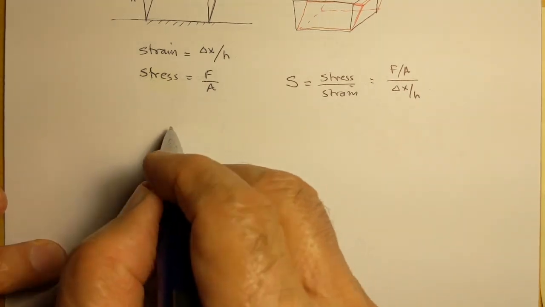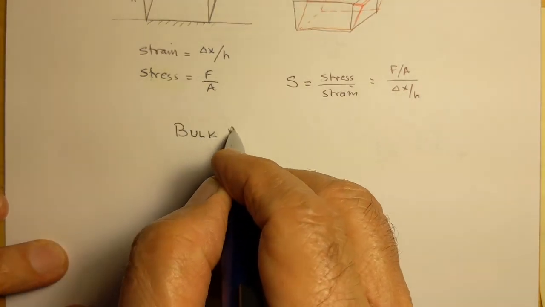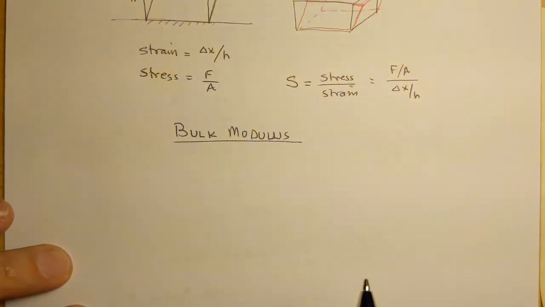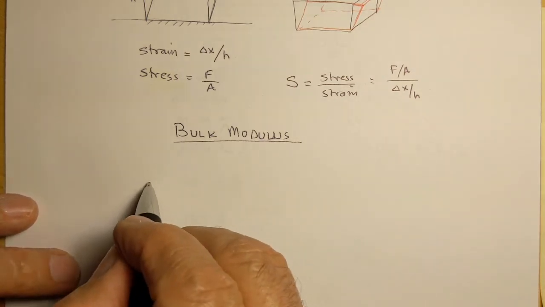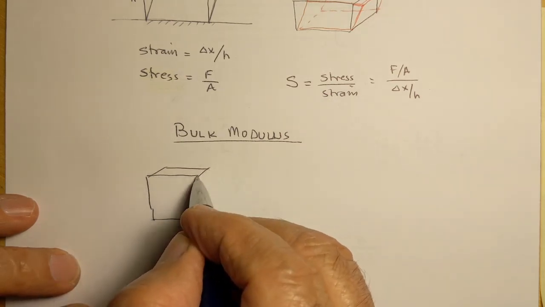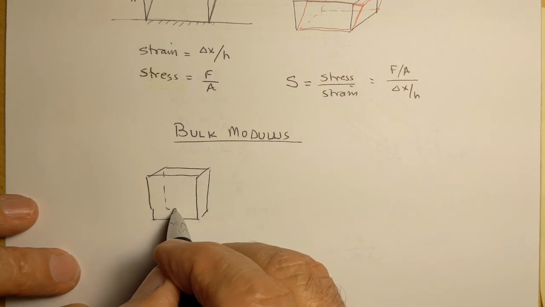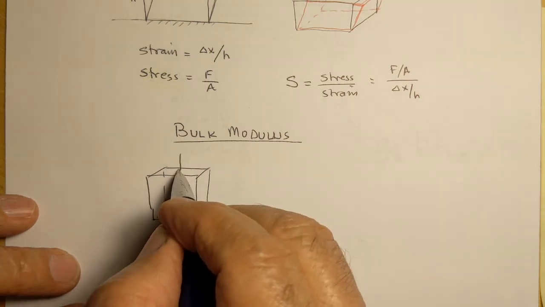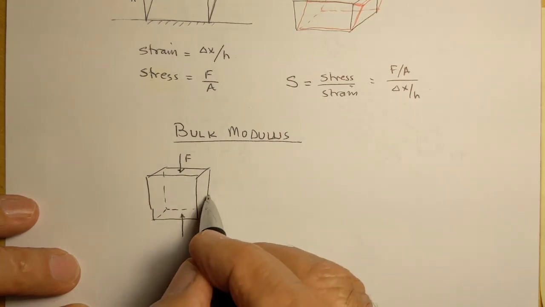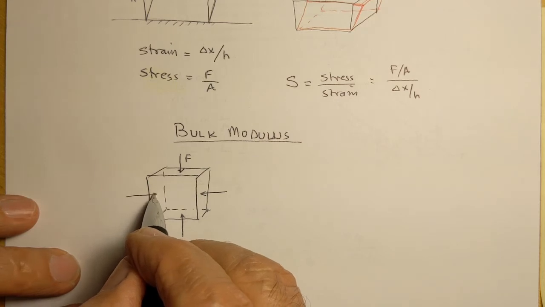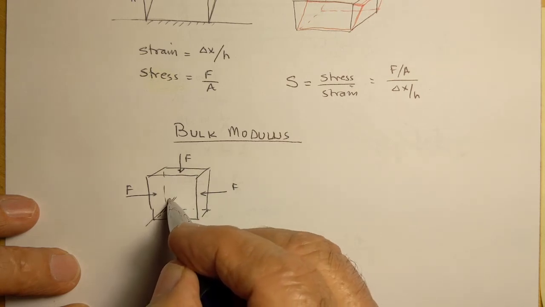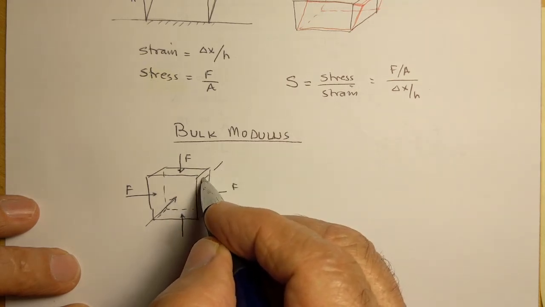Now the last one we deal with is the bulk modulus. So in the bulk modulus, if we take an object, let's say we take a cube and we squeeze it from above, we apply a force from here, and we apply a force from below, and we apply a force from the right and a force from the left and one from the front, pushing inwards, and one from behind.